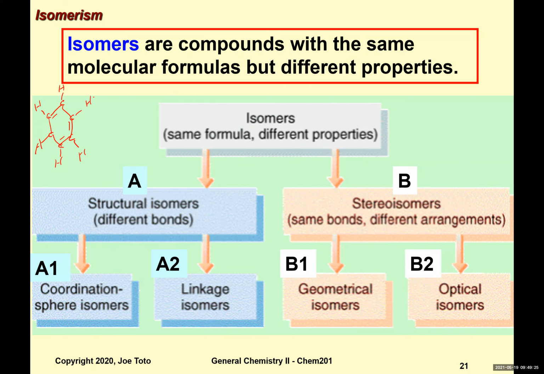For the resonance structure, I'm just going to draw the benzene ring without the carbon and hydrogen designations. An equivalent structure for this would be where we flip those double bonds around that ring. And so they're equivalent Lewis structures for either one.